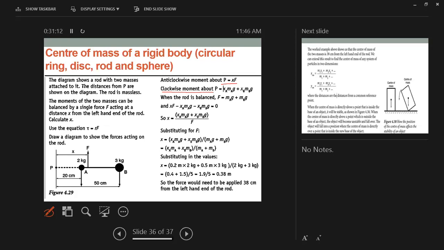So xA times mA times g plus xB times mB times g. Why do we add them? Because look at A and B, they are in the same direction. That's why we have to add them. Okay. So when the rod is balanced, F will be mAg plus mBg.